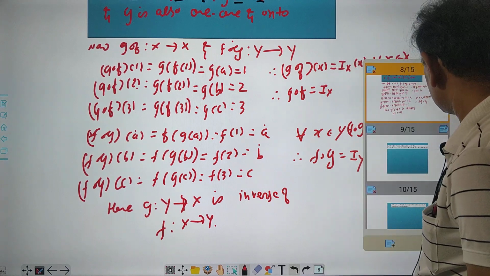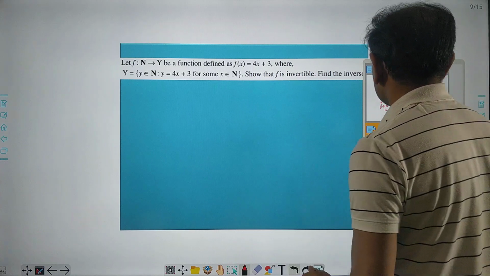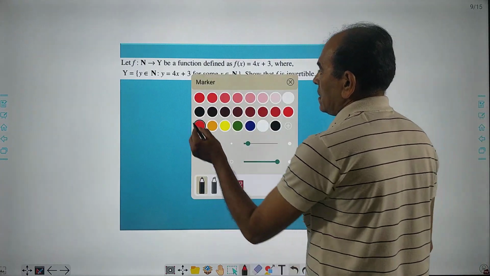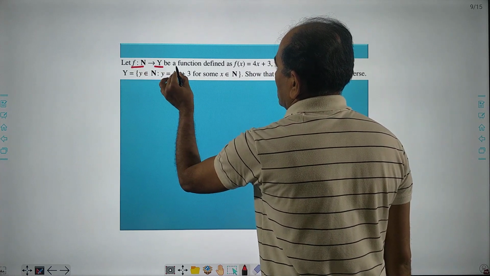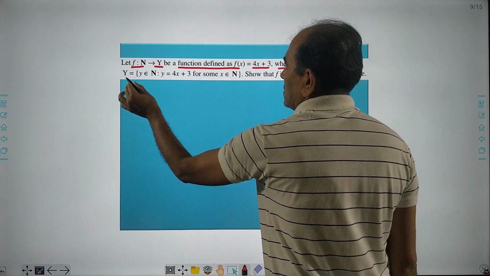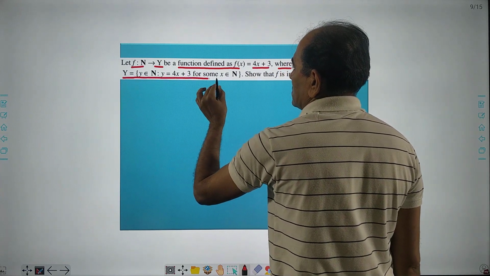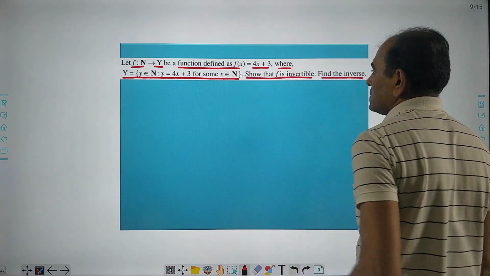Now next, see here. Next, that is given to us in this way. Now let us see. Let f from N to Y be a function defined as f of x is equal to 4x plus 3, where Y is given to us. Show that f is invertible, find the inverse.